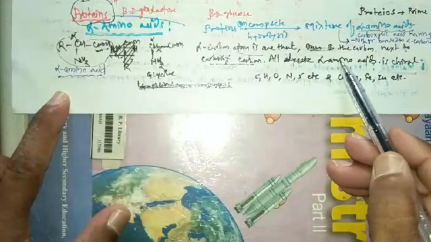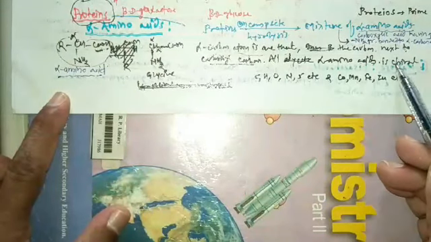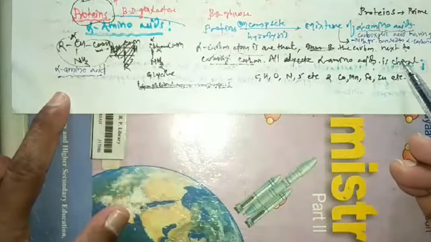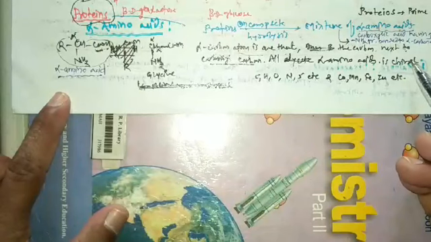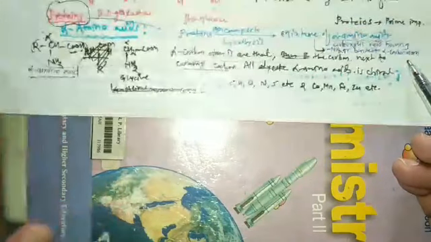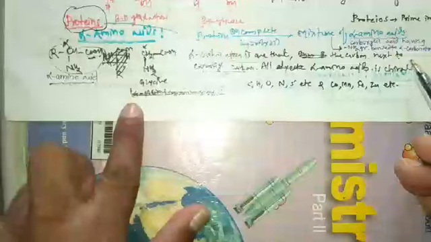All alpha amino acids are chiral except one, and that is glycine. So here we studied in brief about the alpha amino acids.